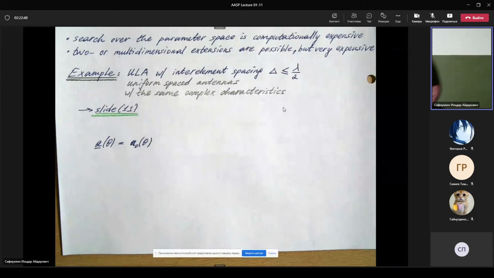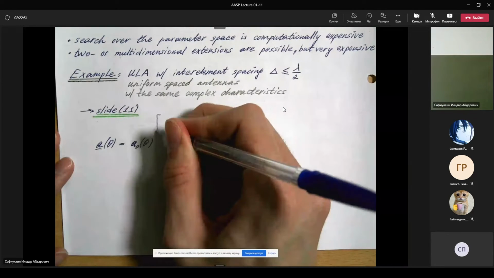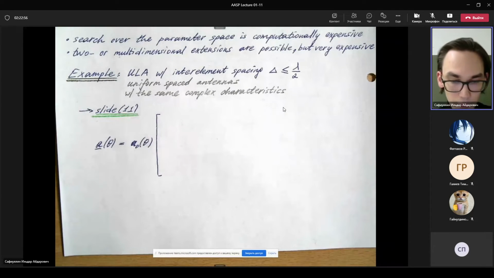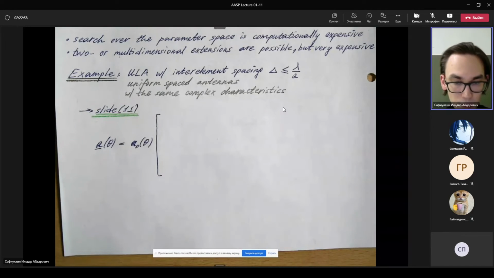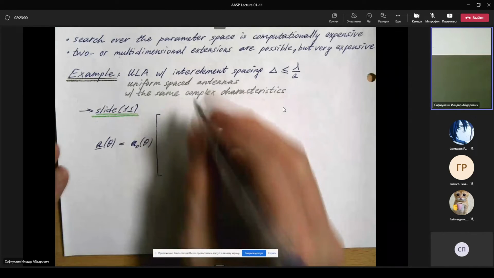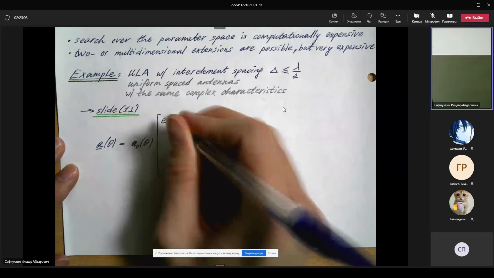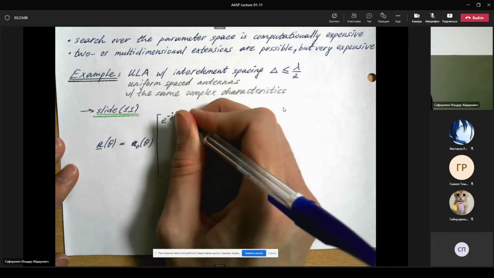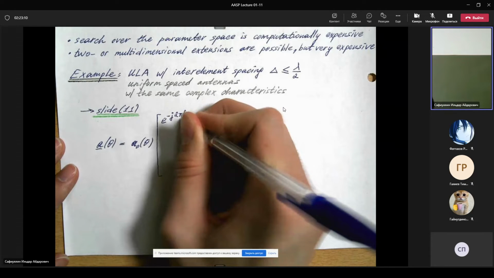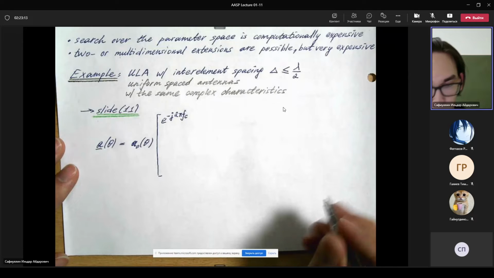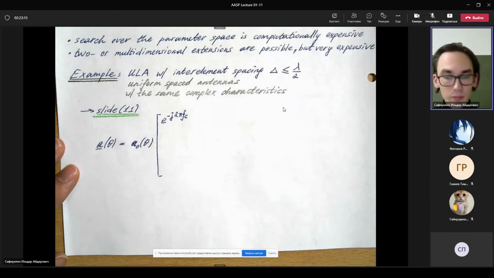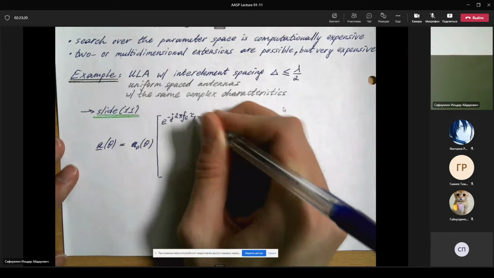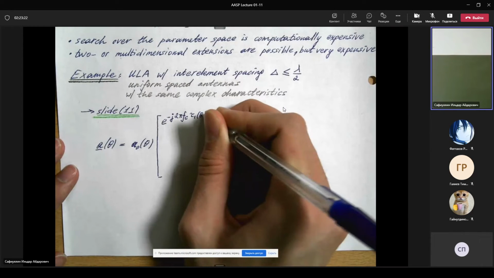And then we multiply this one with exponentials. So e to the power of minus j times 2 pi carrier frequency fc times time delay tau1, which depends on theta.